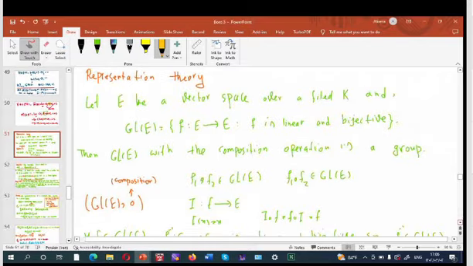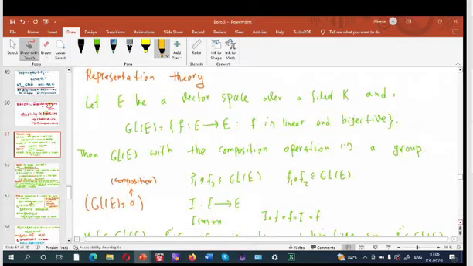Please note that in this definition, f1 and f2 are in C_K of G, x is an element of G and alpha must belong to K. If this function maps to K, this scalar alpha must be taken from K. If K equals real numbers, this alpha is a real number, and if K equals complex numbers, this alpha must be considered as a complex number. Okay.